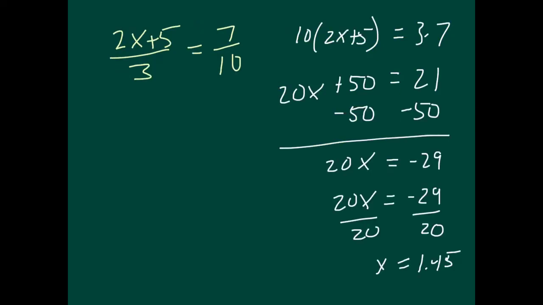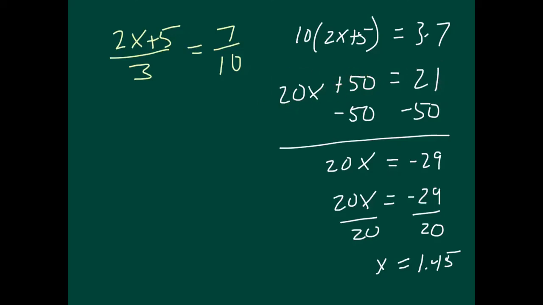Okay, and for the last toughie, 10 times 2x plus 5 has to equal 3 times 7. So you write that out. 10 times 2x plus 5 right here equals 3 times 7. 3 times 7 is 21. 10 times 2x, 20x. 10 times 5, 50. This 50 is being added. Here are your x's.